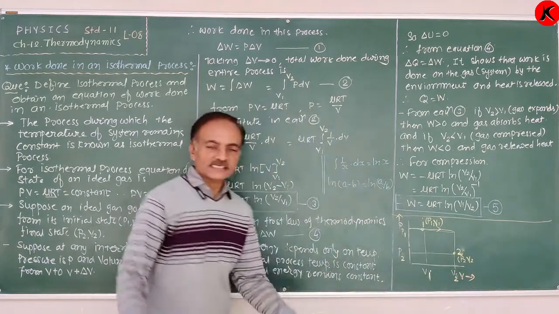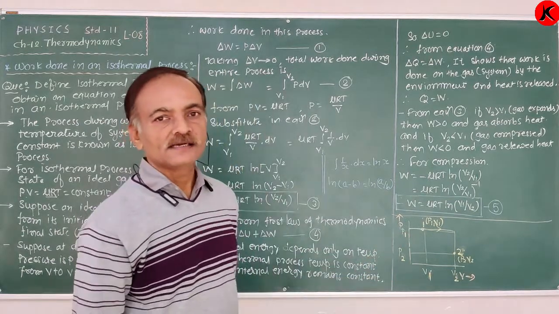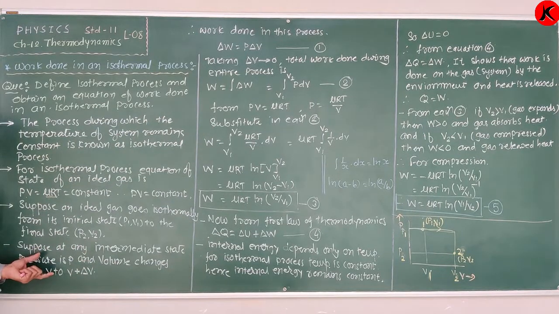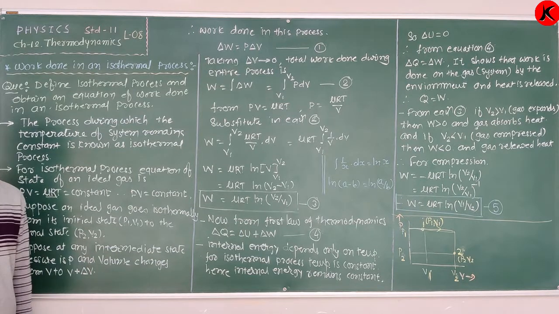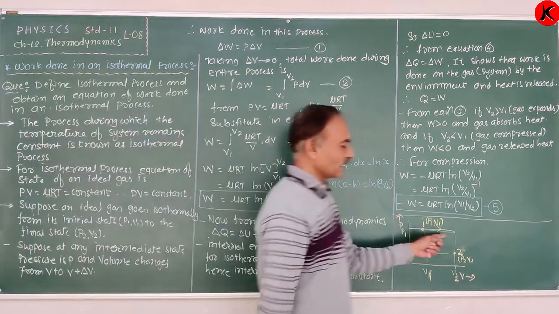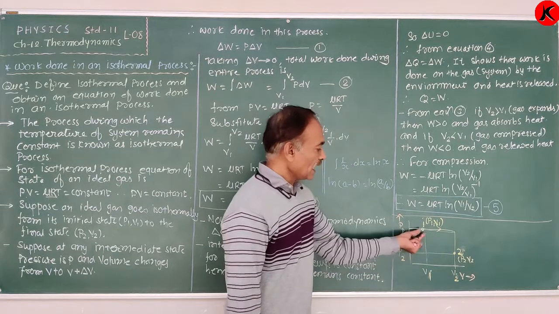Now listen, this graph is not important for us, already we discussed it, but here, to clear the concept of why the pressure is constant as the volume of a gas changes from V1 to V2, or a small change occurs in volume, we again refer to this graph. Here we draw the graph of pressure versus volume.